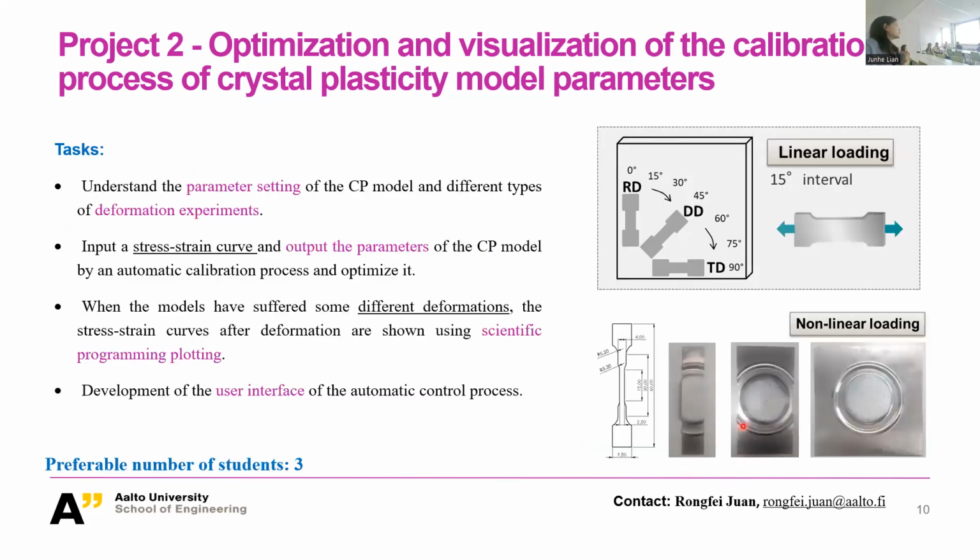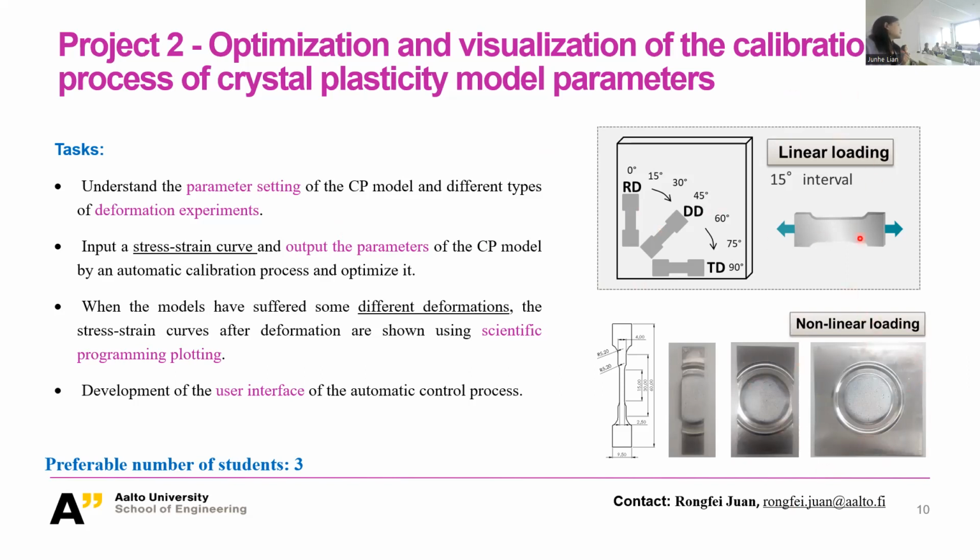And here is some detailed task about the project too. First, we need to understand the parameter setting of the CP models and different types of deformation experiment. For example, I just give two types of loading conditions.